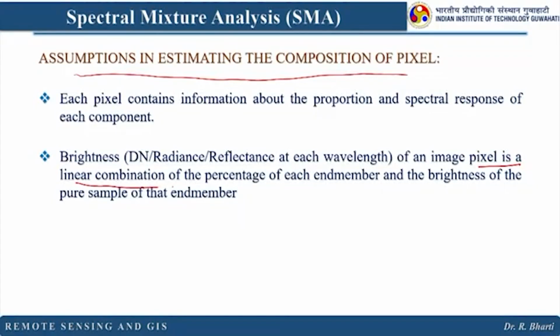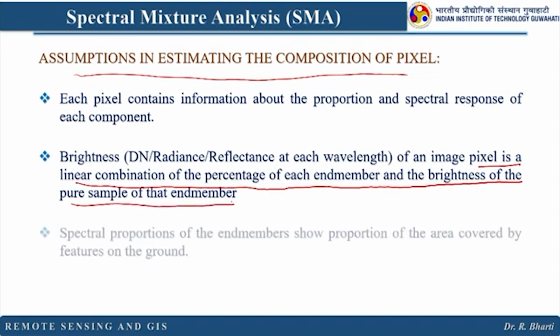Now what are the assumptions we make in estimating the composition of pixels? Each pixel contains information about the proportion and spectral response of each component within the field of view. The brightness of an image pixel is a linear combination of the percentage of each end member and the brightness of the pure sample of the end member. Spectral proportion of the end members means the proportion of area covered by features on the ground.